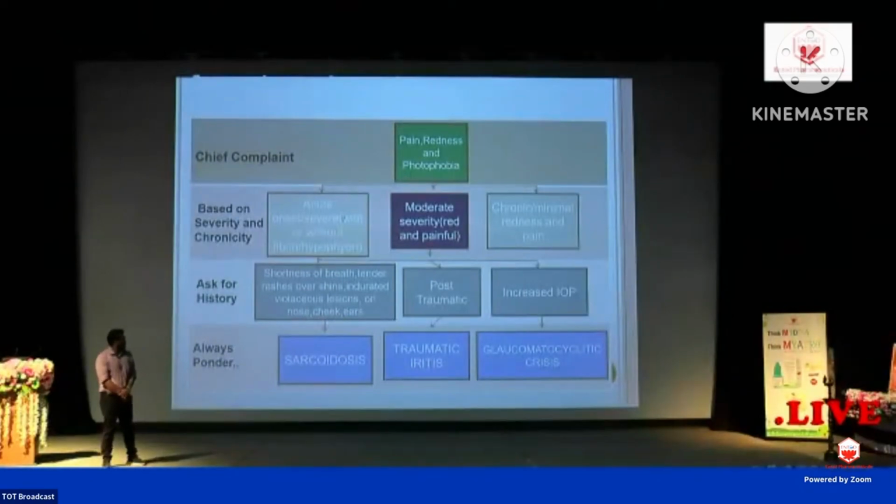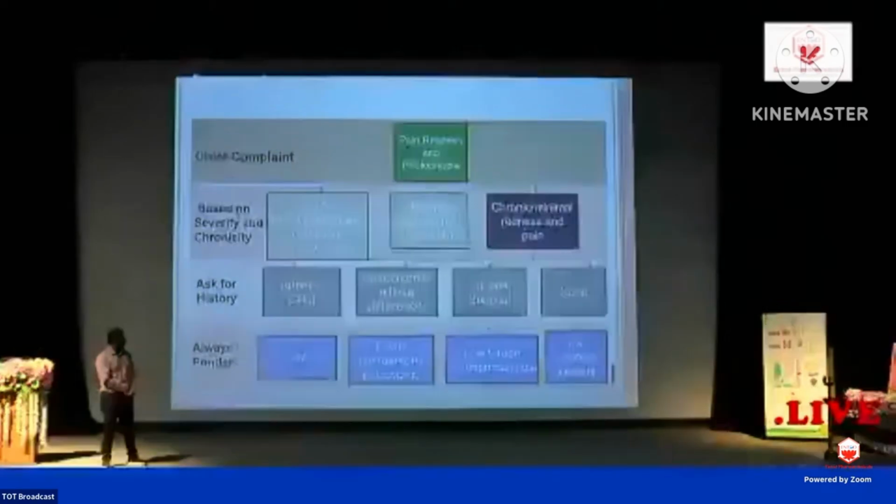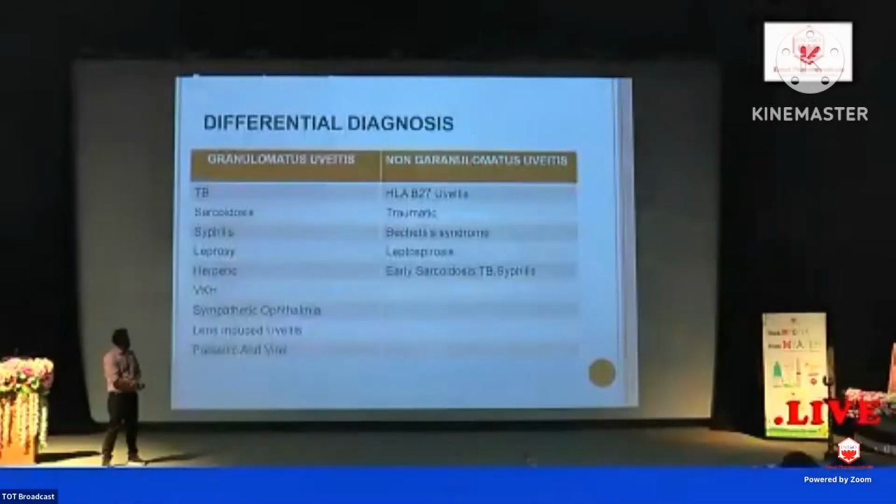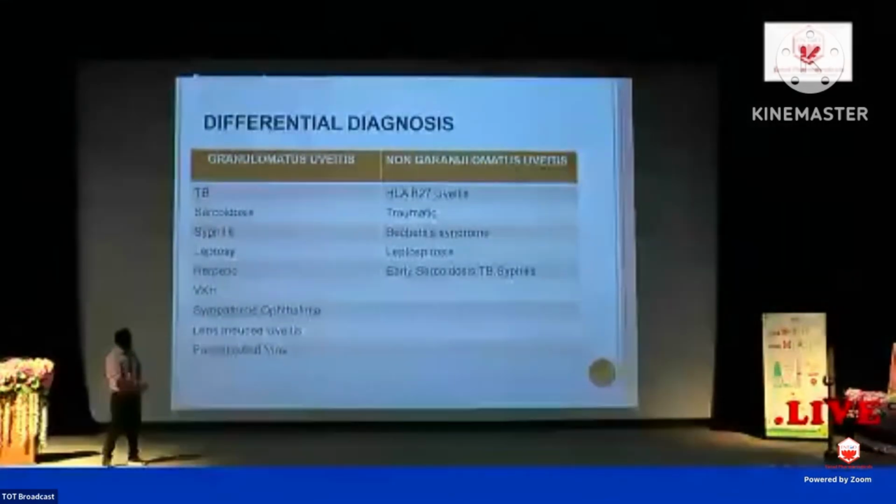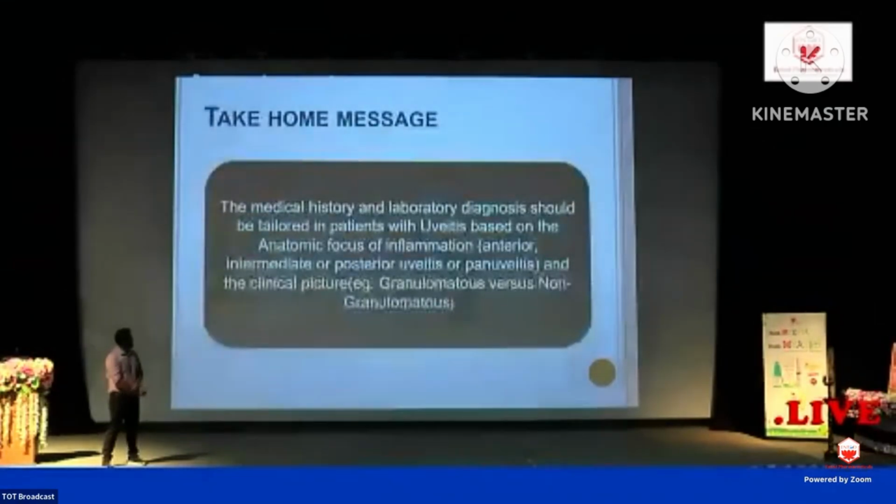If it is post-traumatic, it is suggestive of traumatic iritis, and if there is heterochromia and diffuse stellate KPs, it is Fuchs heterochromic cyclitis. So uveitis can be associated with TB and sarcoidosis.